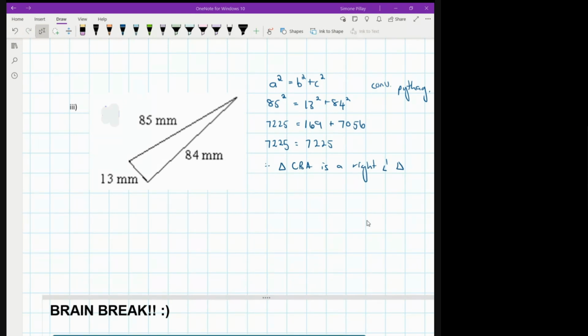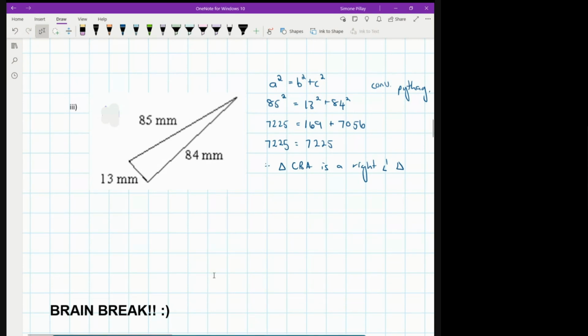It's only when I'm calculating the length of something that's missing, where obviously I have to give my answer in a form that is length: centimeters, meters, millimeters. That's when it's important, when your answer itself should include units. In this case, my answer is that CBA is a right angle triangle, so that doesn't require any units from my side. Make sense? Yes, ma'am. Thank you.